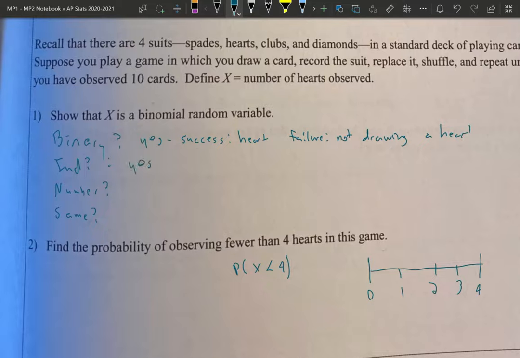First of all, it's with replacement, so drawing a heart before has no effect on whether you draw a heart currently. Okay, so you can just say what happens before does not affect drawing a heart. Sorry, this effect with an A, my fault.